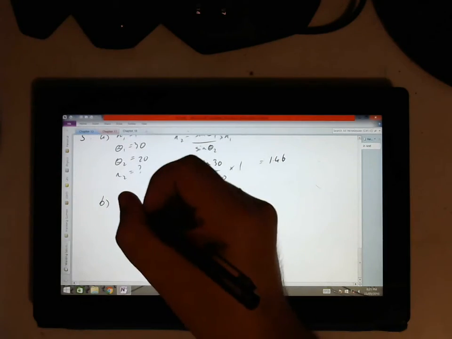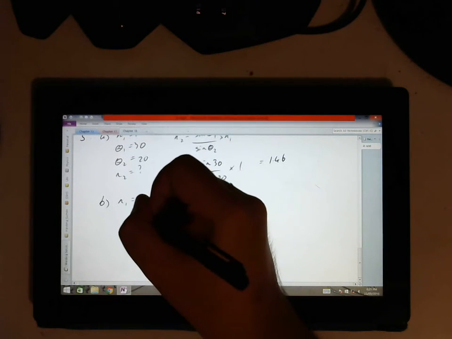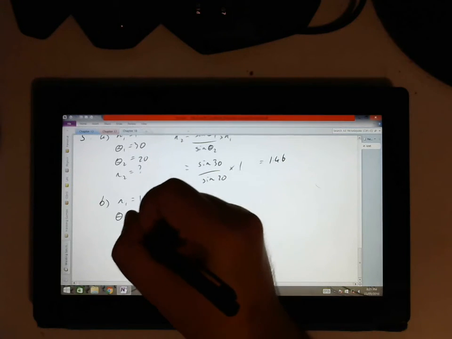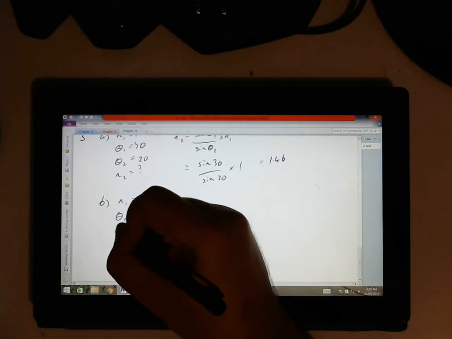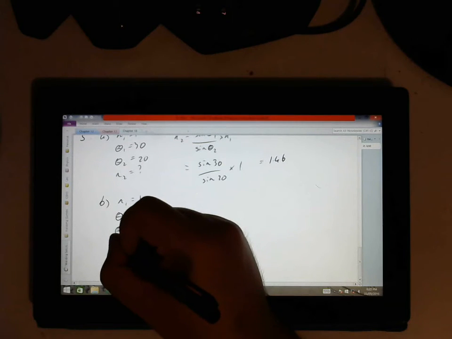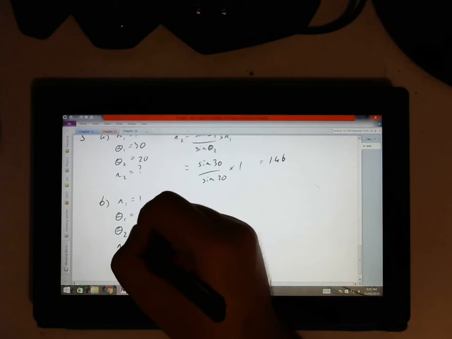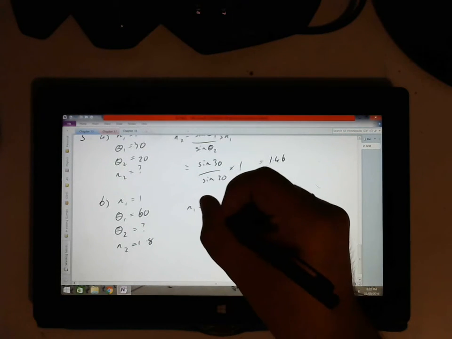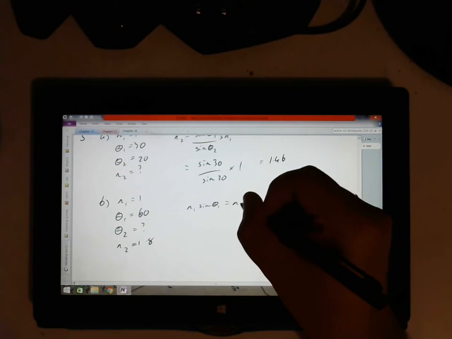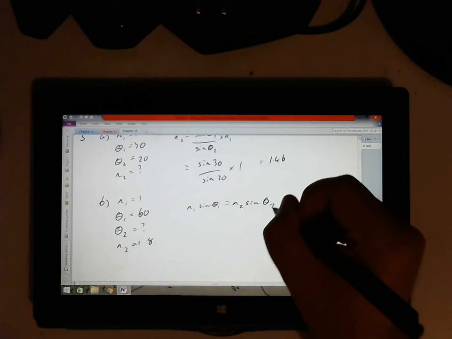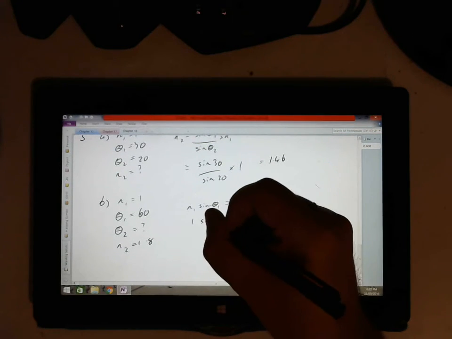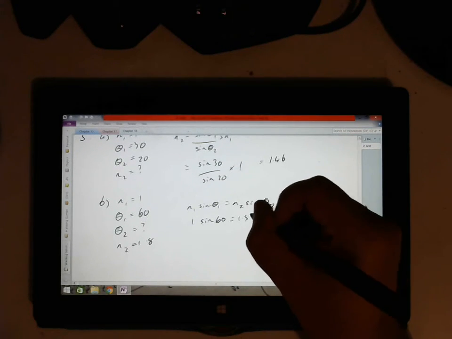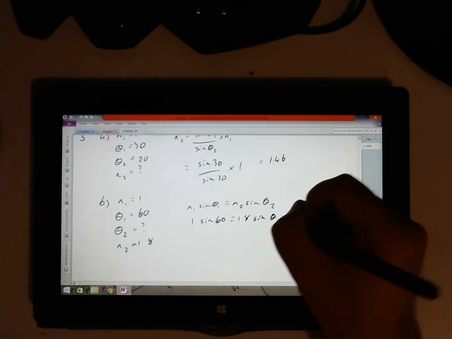Okay, let's do B. We have now n1 equals 1. We have theta 1, our incident angle, equals 60. We don't know our refracted angle, but we do know that n2 equals 1.8. Substitute into n1 sine theta 1 equals n2 sine theta 2: 1 times the sine of 60 equals 1.8 times the sine of our unknown angle.